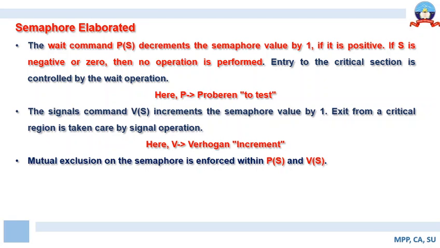Signal increments the value of semaphore by 1. So entry into the critical section of a process is controlled by wait, whereas exit from a critical section of a process is controlled by signal. Wait and signal are the two synchronizing functions used on semaphore for coordinating the activities of various cooperating processes.